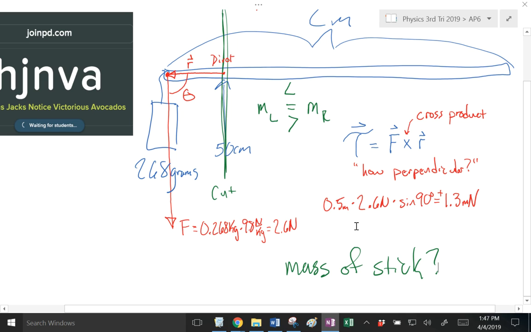So that side is. This is that. Force down is what it looks like.